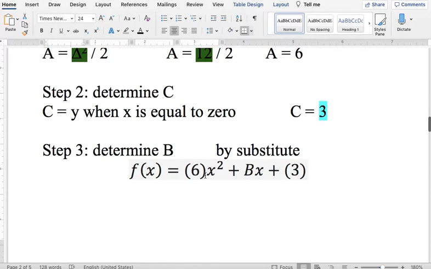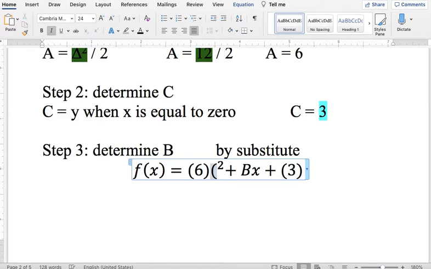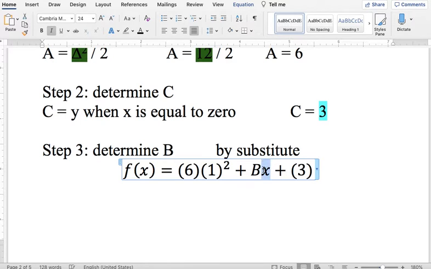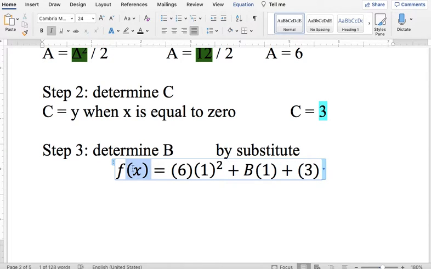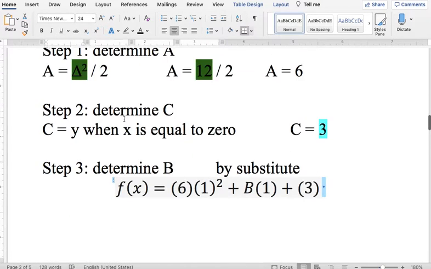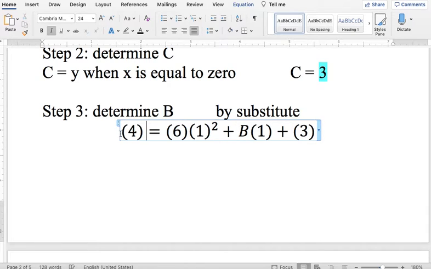Now I'm going to change all my x's into 1. And when x equals 1, my f of x is 4, so I shall change my f of x to 4. Now you have an equation where there's only one variable, b, and everything else is a number. So now just solve for b.